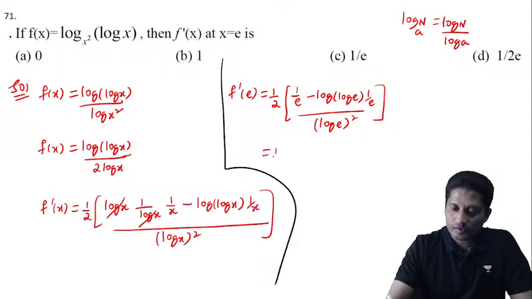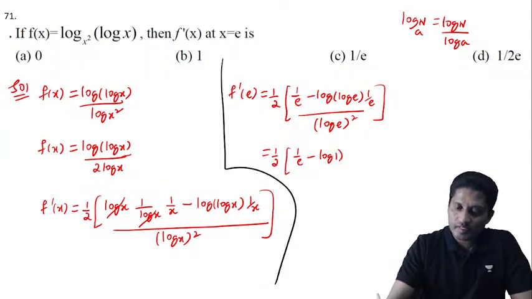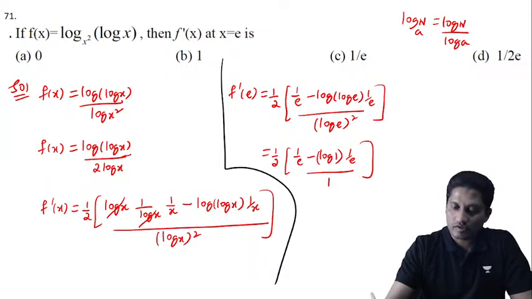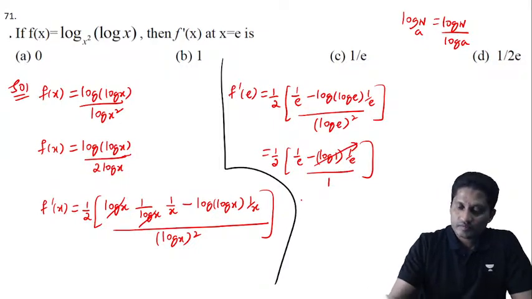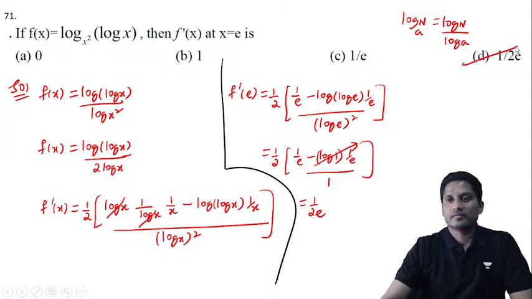Okay, so this is 1 upon 2 into 1 by e minus log e, which is 1, into 1 by e divided by 1 square, which is 1 only. So log 1 to any base is 0. You will get the answer as 1 by 2e. Last option D.